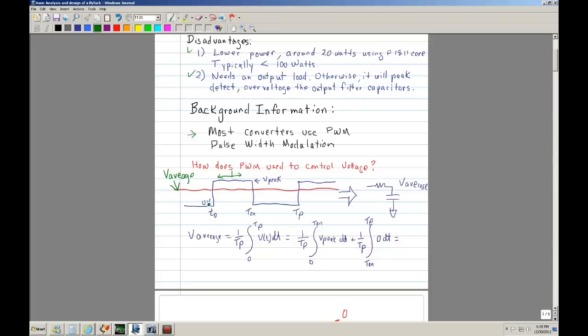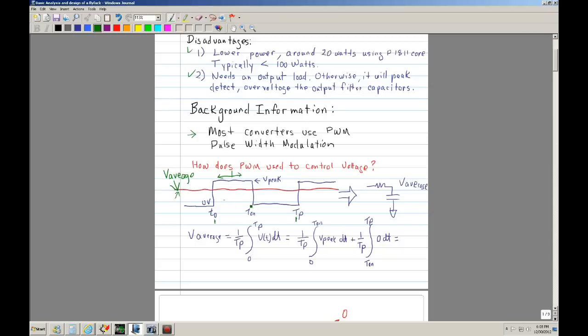Typically you would have a waveform that looks like this, a square wave, and the frequency stays the same, which means that the period from here to here stays the same, but this time on, from here to here, varies. Now, when you vary that, you vary the average voltage.